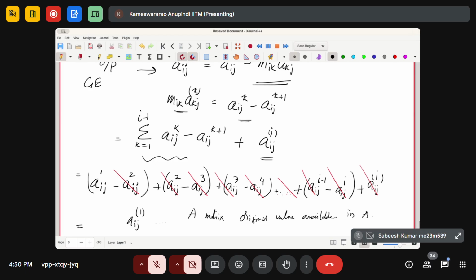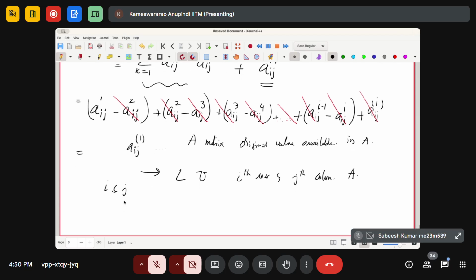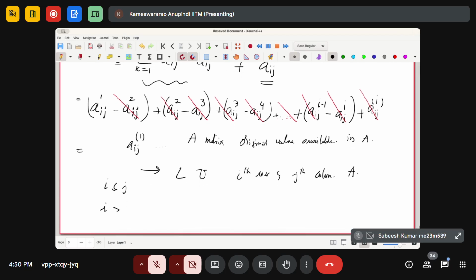That means when we multiply L times U for a particular ith row and jth column, we're going to get A for that. Of course, I have done this only for i less than or equal to j. Now, you can also prove this for i greater than j, where your i is at a much lower row than the column j.